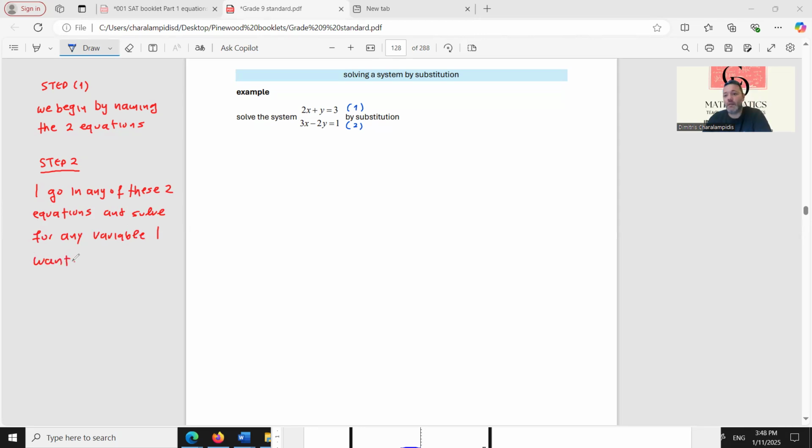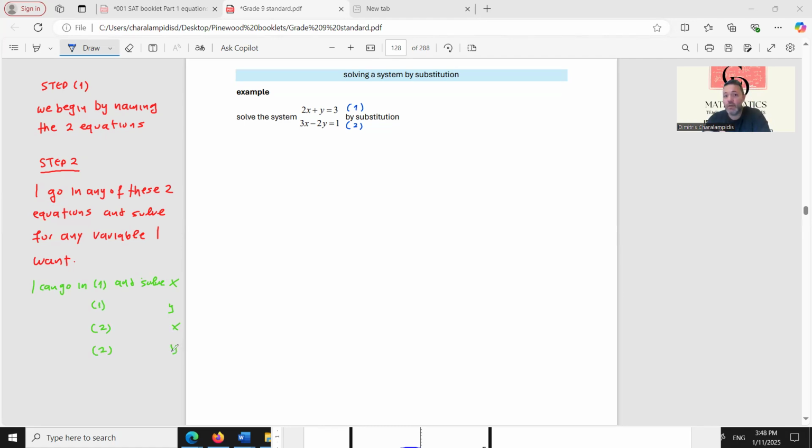This means that I can go to the first equation, equation number 1, and solve for x. I can go in 1 and solve for y. I can go in 2 and solve for x, or I can go in 2 and solve for y respectively.